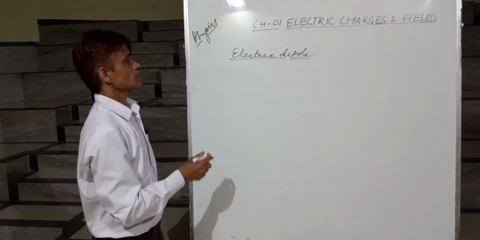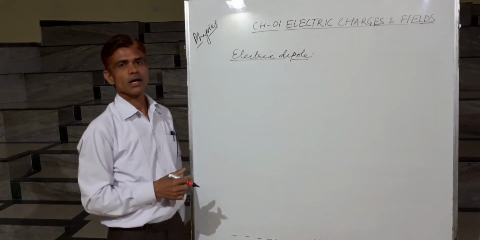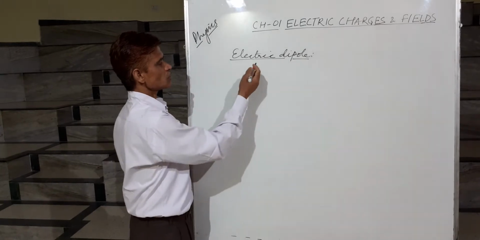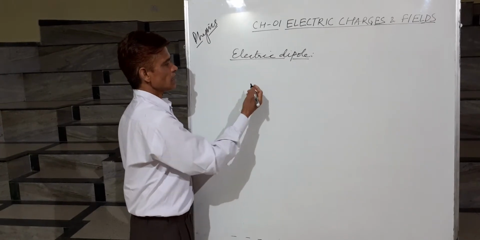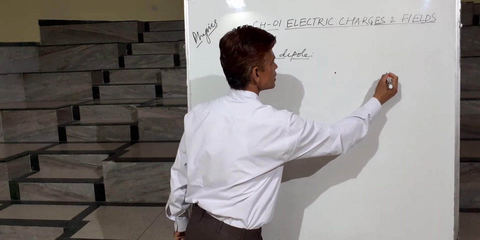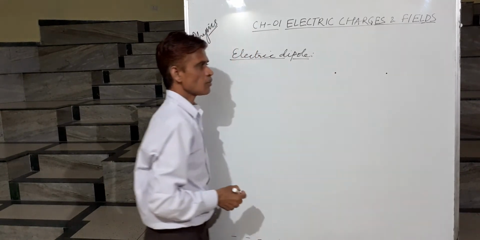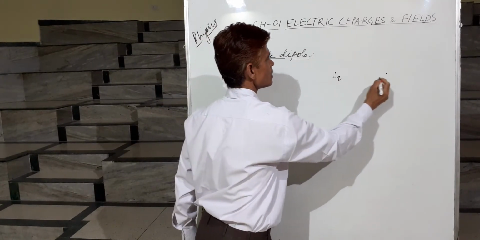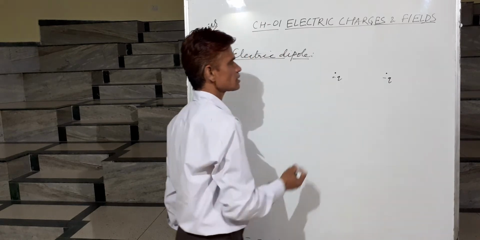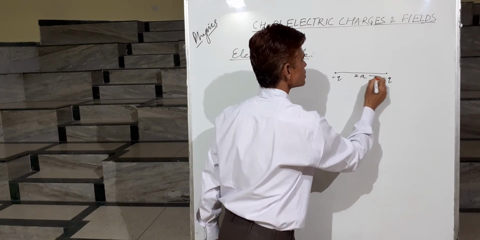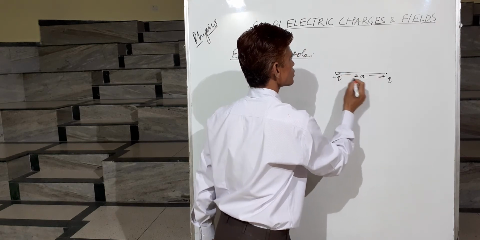Good morning students. Today we are going to discuss the electric dipole and thereafter the electric field due to an electric dipole. So what is an electric dipole? Actually it is a system of a positive and a negative charge separated by a small distance 2a.